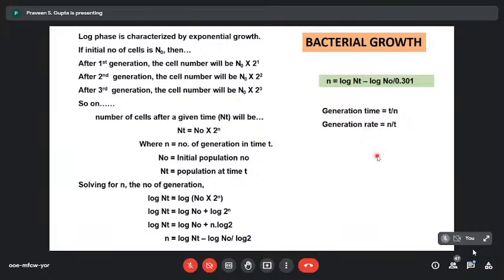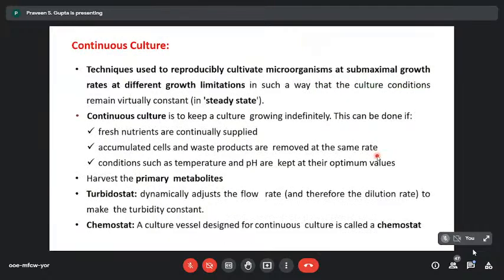It is inversely proportional. And coming to the next one, that is continuous culture, where you start with a batch, but you are continuously adding nutrient in such a way that it does not decrease. It means the nutrition level is continuously maintained. And the amount of media you add, the same amount of media you have to remove.